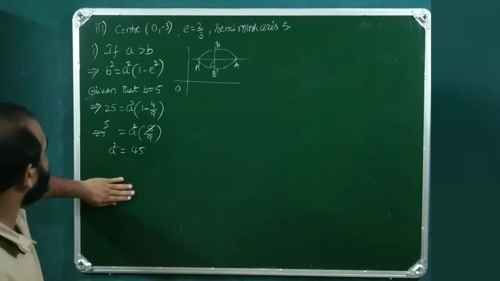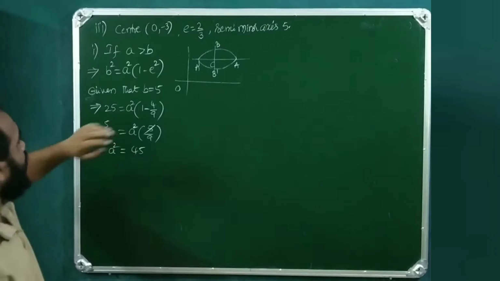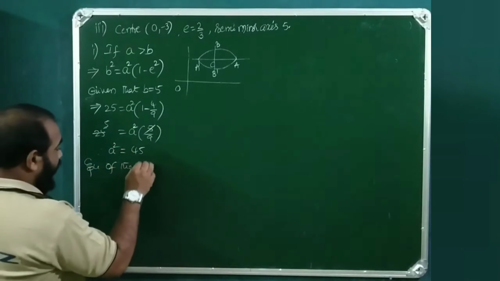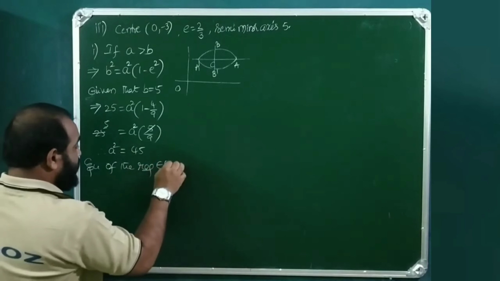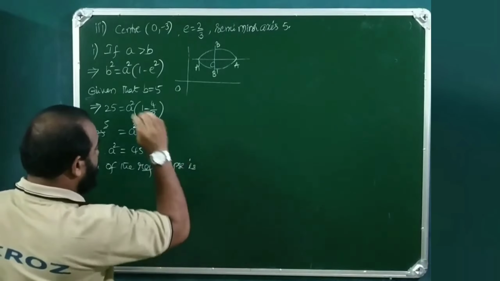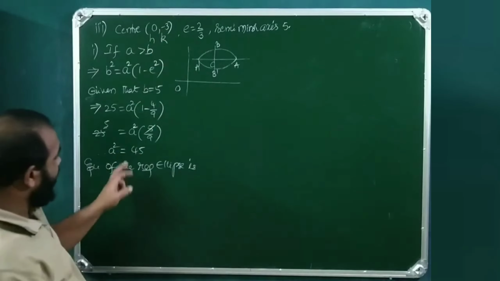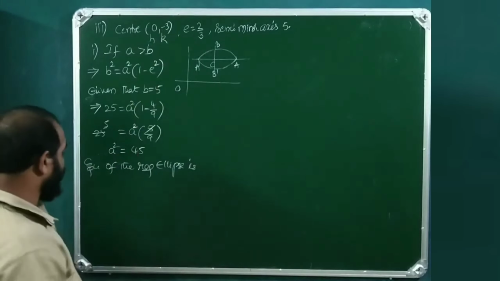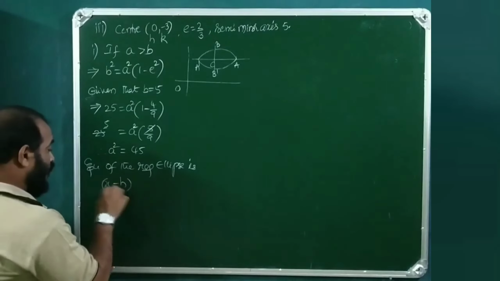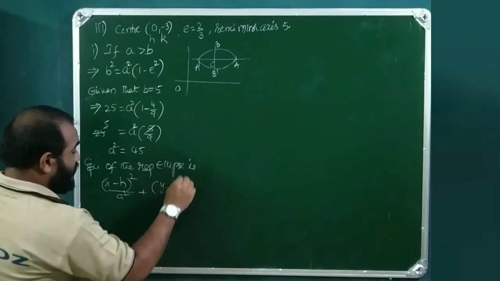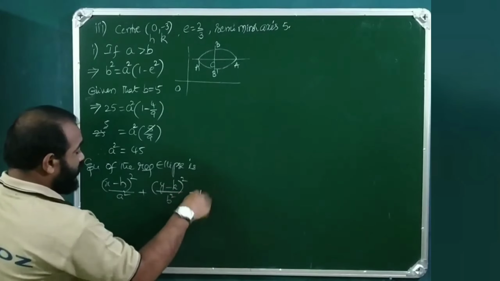So the equation of the required ellipse, with H comma K and A, B, is (X minus H) whole square by A square plus (Y minus K) whole square by B square equals 1.